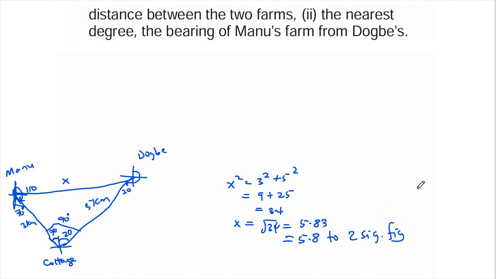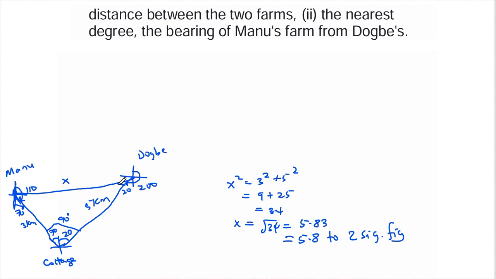So x is equal to the square root of 34, and the square root of 34 is 5.83. And 5.83 is the same thing as 5.8 to two significant figures. Since we want significant figures, that's very important.